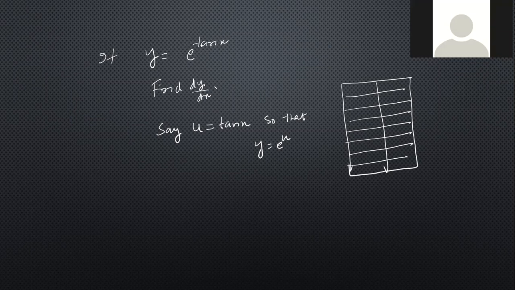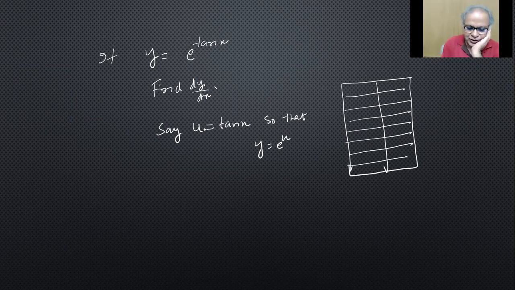Instead of writing tan x, I'm saying this u is tan x, so that first I look at the e function, the exponential function. So if y is a function of u here, what will I calculate, children? Dy by du I can calculate. That will be e to the power u again. But I want dy by dx, not dy by du.